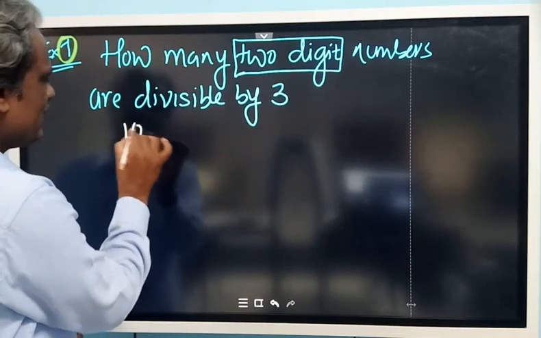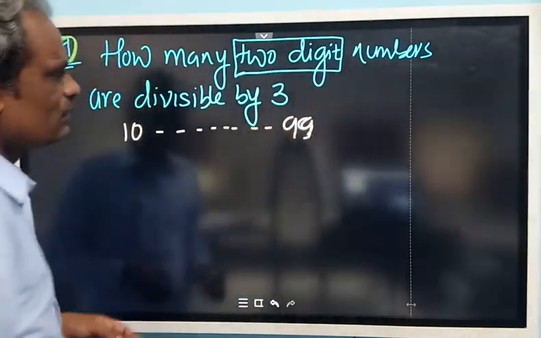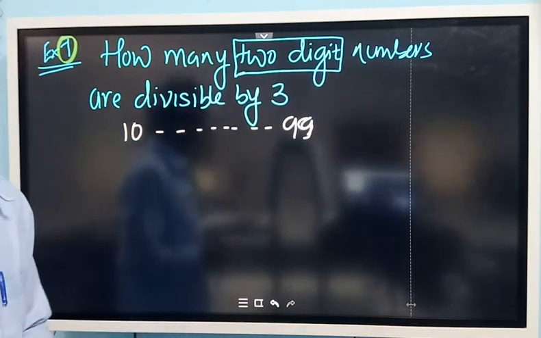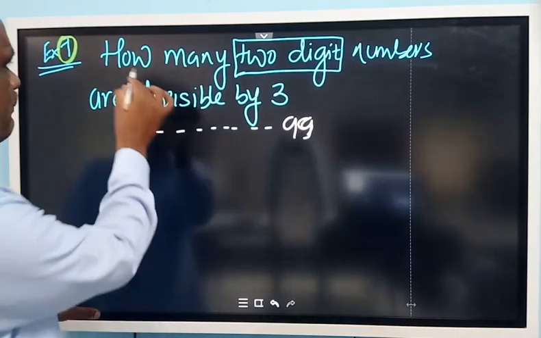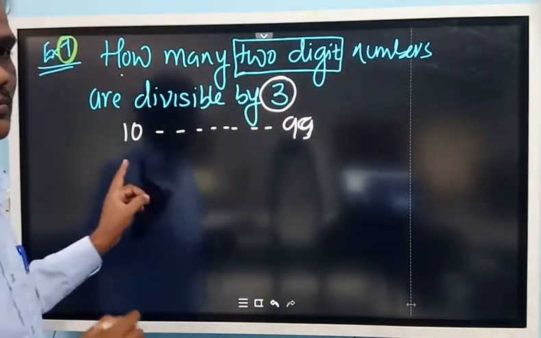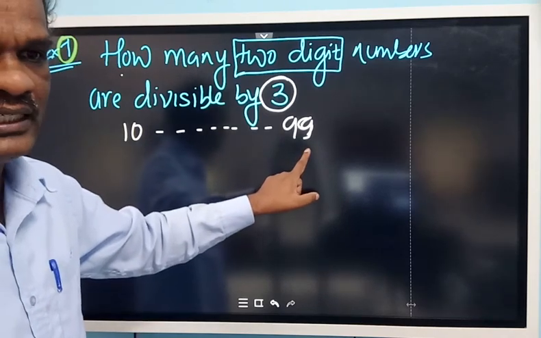So in between 10 and 99, how many numbers are divisible by 3? That we have to find out now.